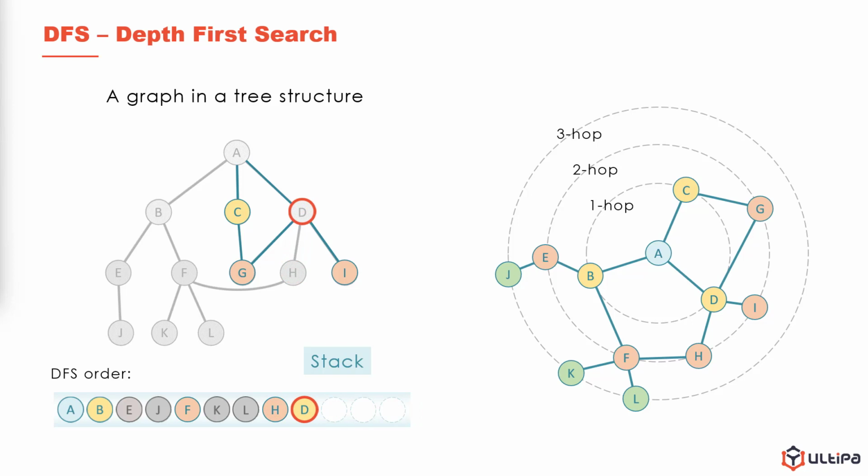Sometimes the untraversed edge may lead to nodes that are already in the stack, like the edge connecting A and D. Make sure not to duplicate those nodes in the stack.